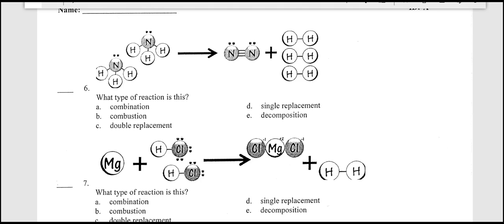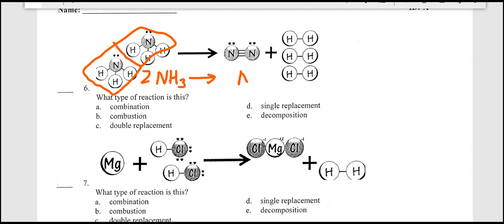What type of chemical reaction is this? Probably the best way to do this would be to actually write out the picture that's there. We have a nitrogen and 3 hydrogens, so that's the way you could write it. If you wrote the hydrogens first and the nitrogen second, it doesn't matter that much for this test. But we have 2 of these molecules of NH3, so I'm going to write the 2 there to show I have 2 NH3s.